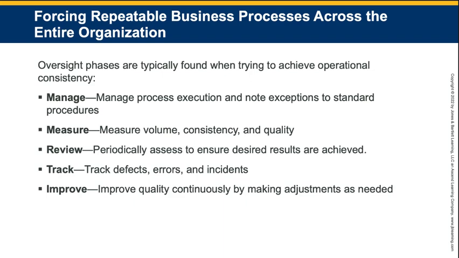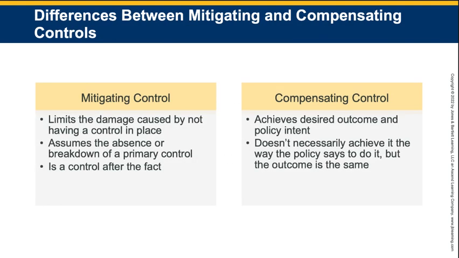So next we have the difference between mitigation and compensation control. Mitigation is technically trying to minimize or limit the damage when there is no control, when you are being faced by the attack, for example, the first time. In this case, for example, you don't have an antivirus or firewall. Here they say control after the fact.